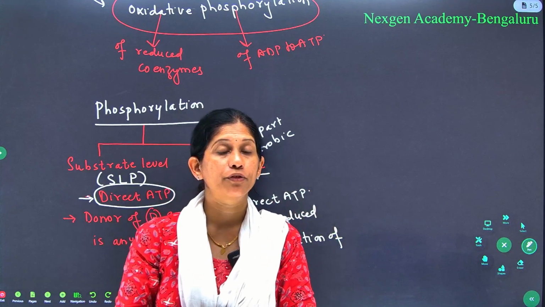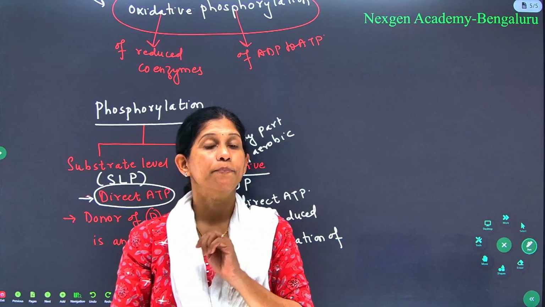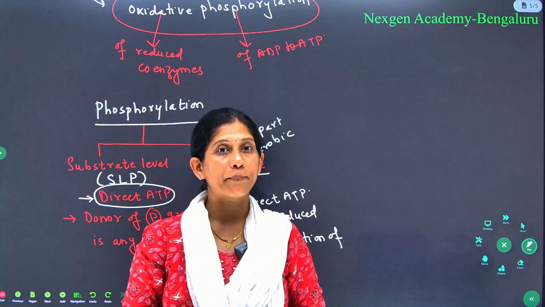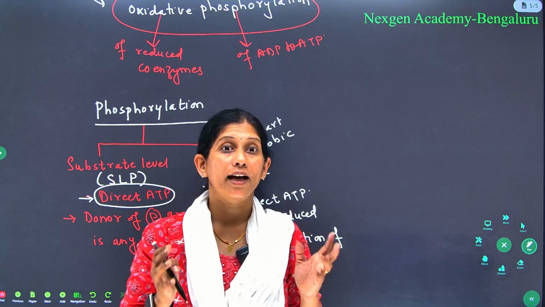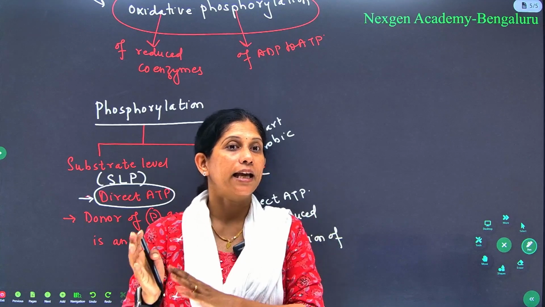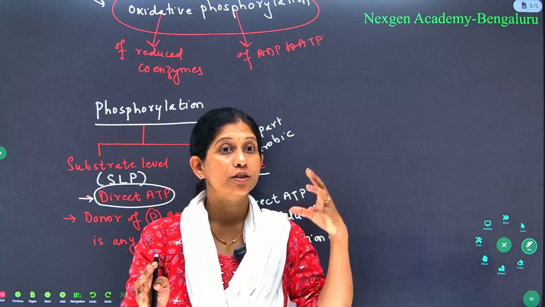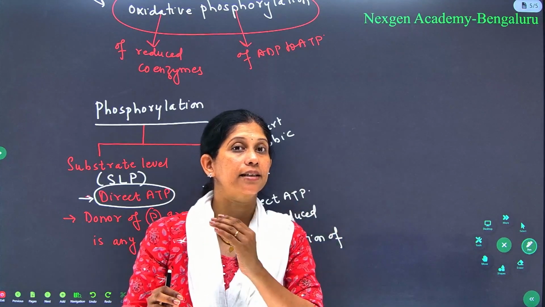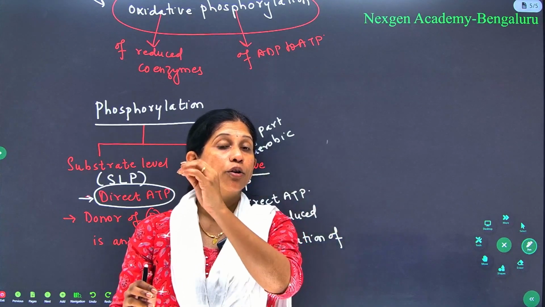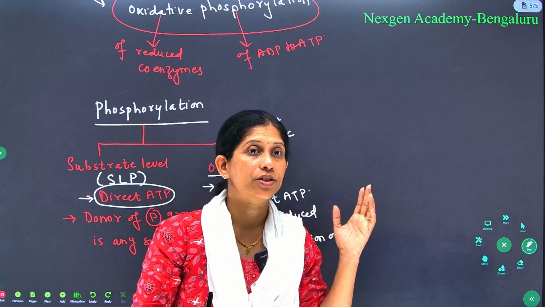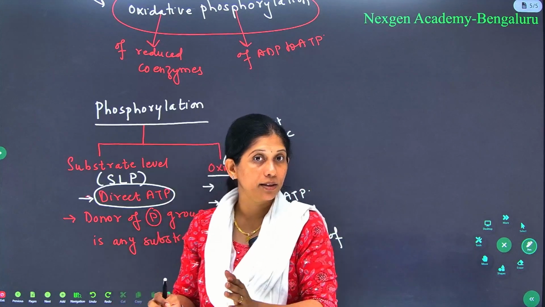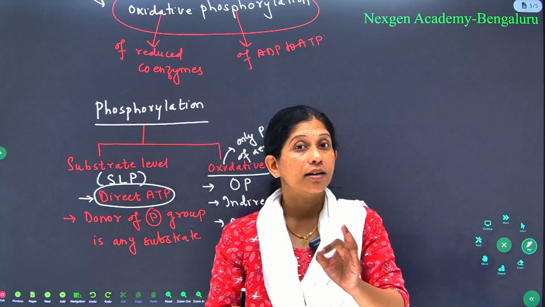What do we mean by photophosphorylation? The phosphorylation which is happening in the presence of sunlight. So in photosynthesis, ATP is produced in the presence of light energy. That is the reason we are using the term photophosphorylation.